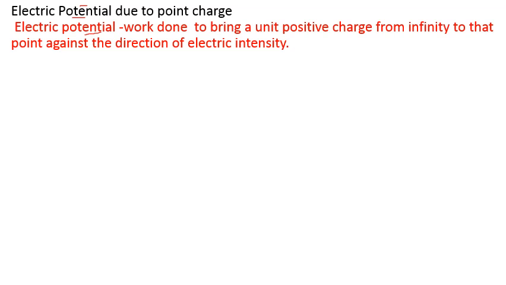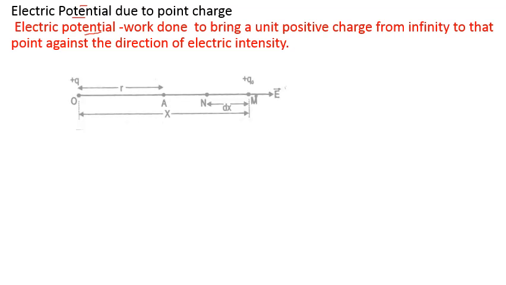Now see the derivation part. It starts from the diagram, so with me you have to start drawing this diagram. At point O, keep this charge plus Q. Here you have to draw one line, and that line is OM. Draw this straight line. On this straight line, show different points, N and A. This A point is at a distance r from the given charge.